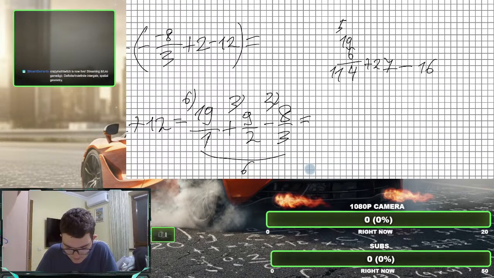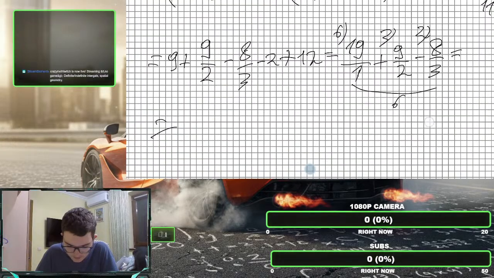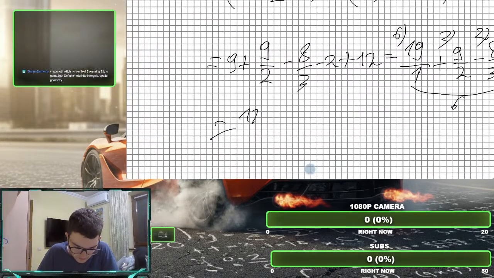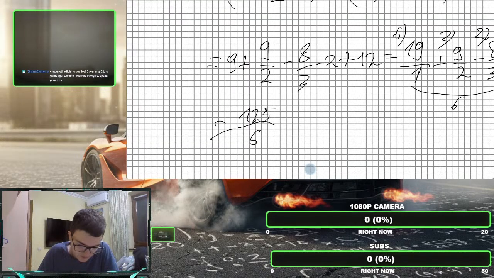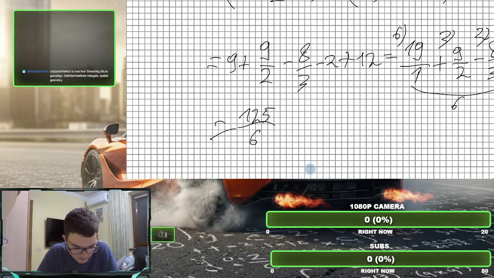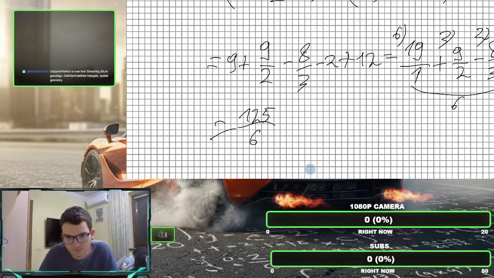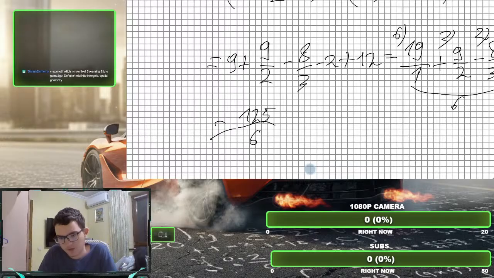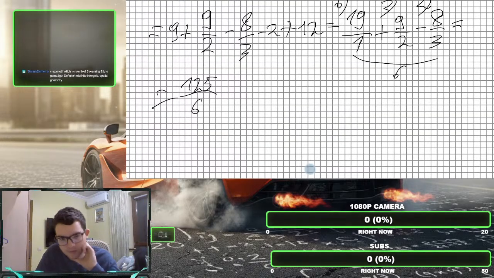I'll do 27 minus 16 first. That's going to be 11, and so it's 125 divided by 6. This is what I have, 125 divided by 6. That is incredibly the correct result. Yeah, get amazed when I get something right.